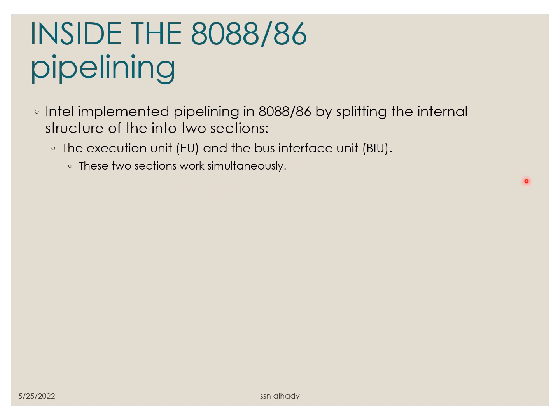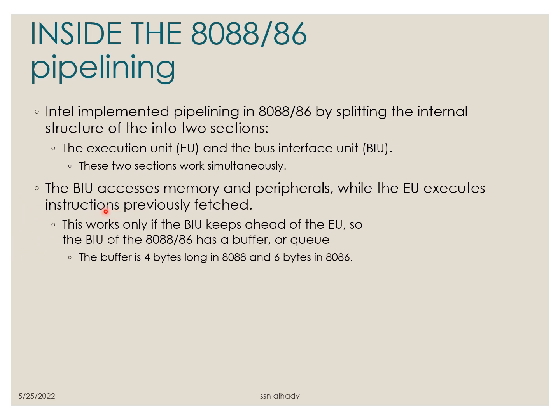If you look back, the EU is the one with all the registers, and the BIU is the one that queues up the instructions. The BIU accesses memory and peripherals, while the EU executes instructions previously fetched.